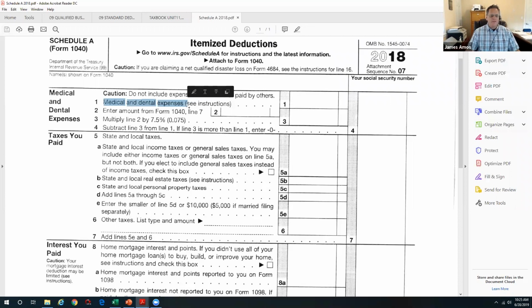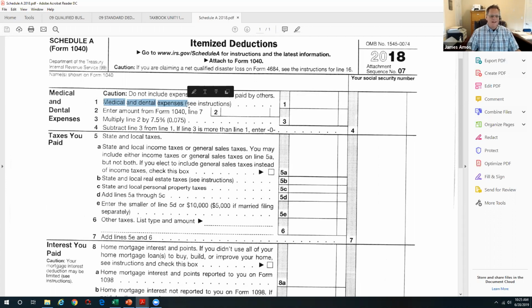So if I have a child who needed braces in 2017, and there's $2,000-$3,000, whatever braces cost now, and I didn't pay it until I made payments on it starting in 2018, paid it all off in 2018, I'm going to put that on my 2018 tax return.